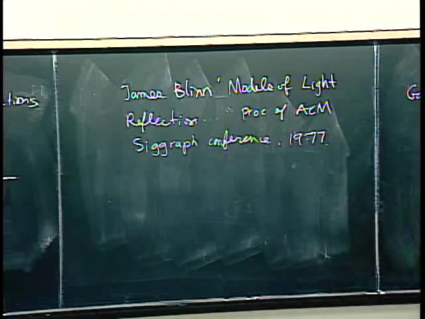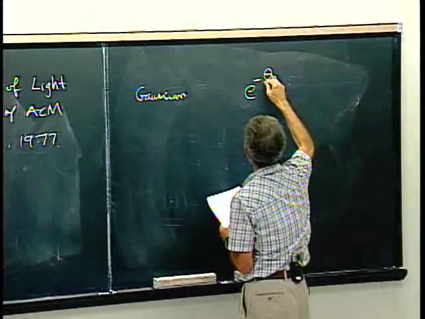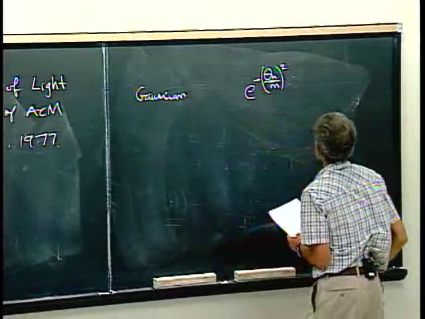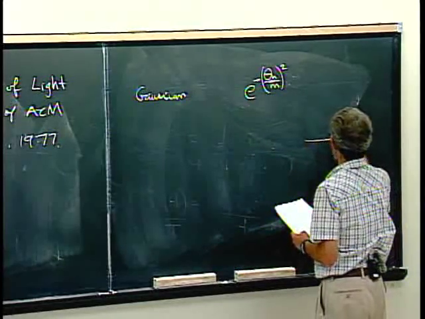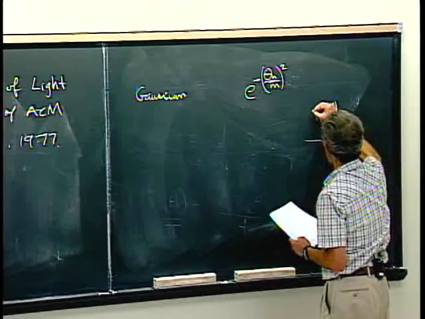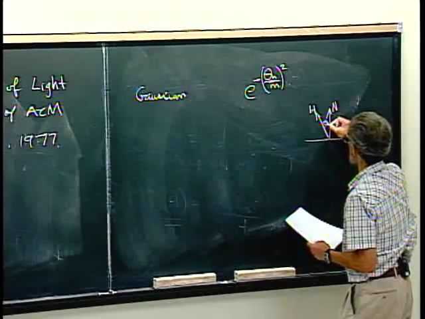which is just e to the minus, I guess I called my angle away from the normal of the facet, why don't I call it theta h? So here is the normal, and here is the facet normal, and this is the angle between them.